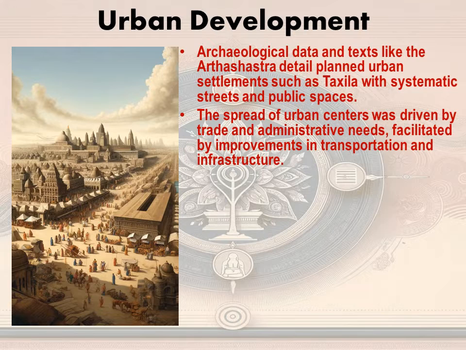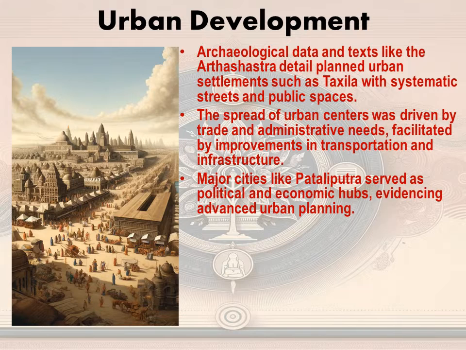So, there were every kind of facilities given to an urban center, and most of the urban centers developed because of trading needs or administrative needs, and they were sophisticated further with improvements in transportation and infrastructure like roads or welfare activities.